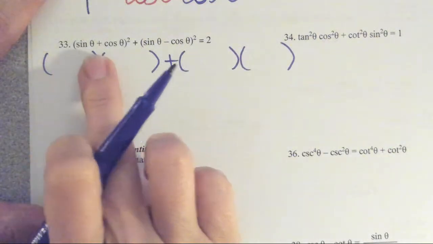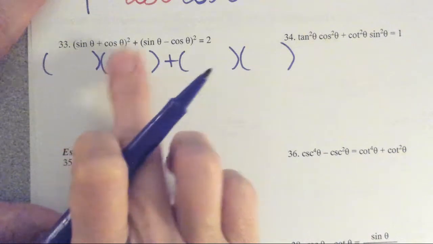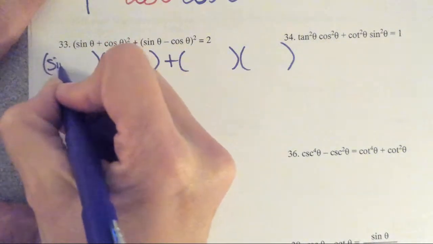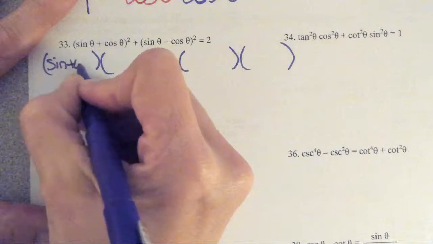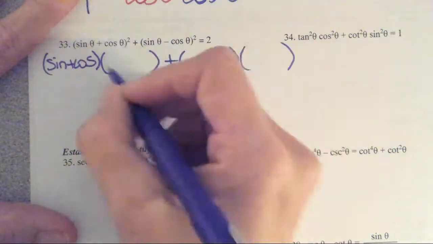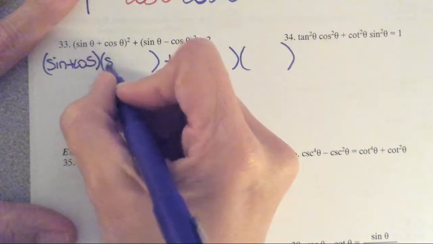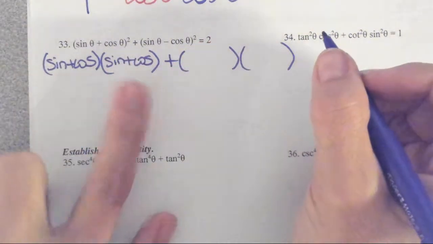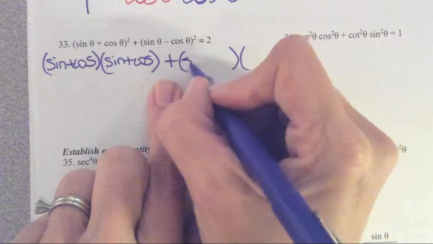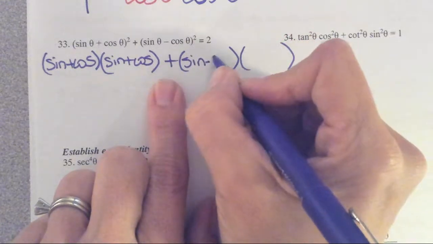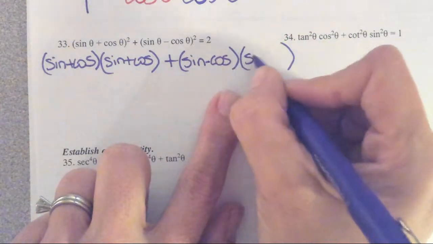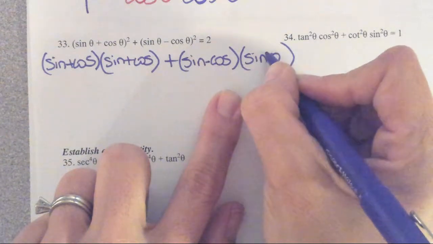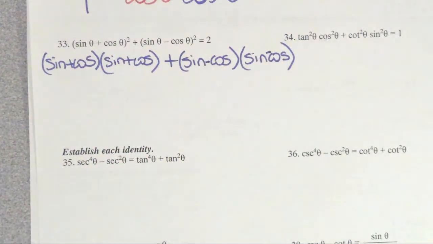So sine theta plus cosine theta squared just means you're going to have sine plus cosine, and I'll add my thetas back at the end because I'm running out of room. Sine plus cosine. I wrote it twice because I'm squaring it. And then I'm going to have sine minus cosine times sine minus cosine. You're going to go FOIL.